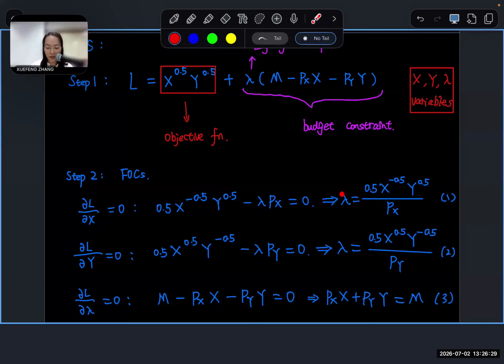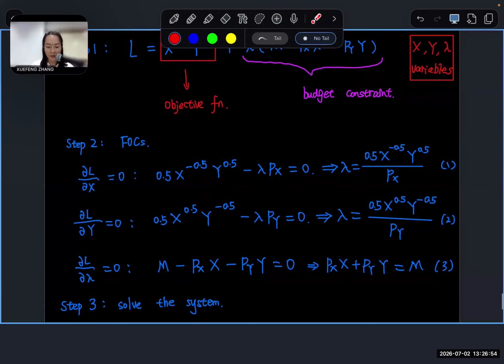We arrange it for lambda, because we want to find out lambda, so we isolate lambda on the left side, which equals half times x power negative half, y power half, divided by px, okay? Here is going to be our first equation. With the same logic, we do the first order condition for y.